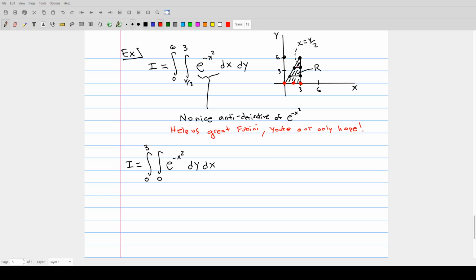It's always going to be at any point x right here on this upper boundary curve, on this line. And the line in terms of x is x equals y over 2. In terms of y, it's y equals 2 times x. So our upper bound for y as we go from 0 to 3 in x is just going to be 2 times x.